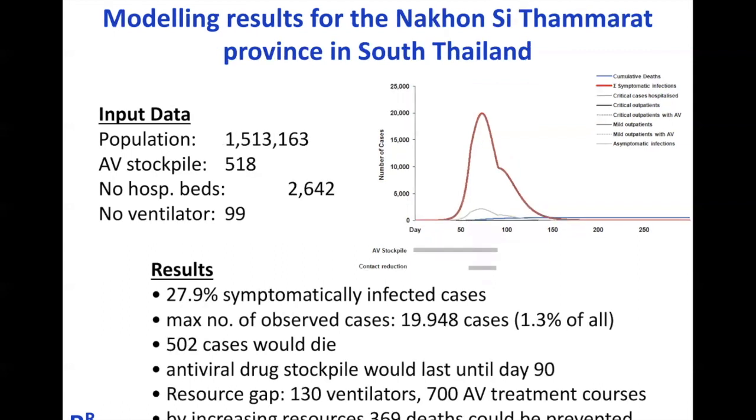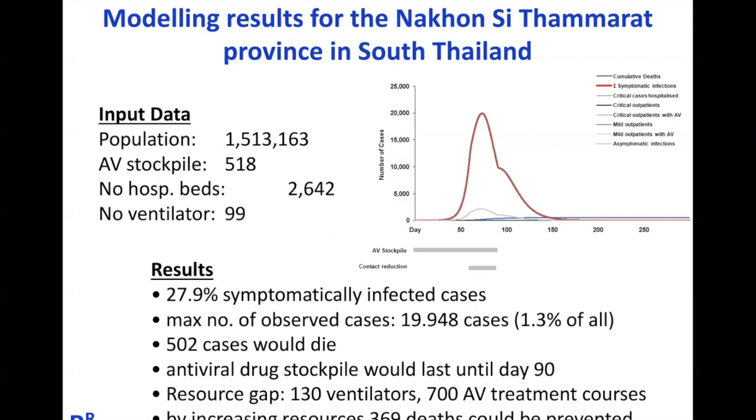Going to the south of Thailand to another province, a bit bigger, not so well prepared, relatively speaking. We would see this epidemic curve, and we would see even a relatively strong blue line here of cumulative deaths. Again, about a quarter would symptomatically get ill. We would see more than 500 deaths, very likely. It's not going to be 502, but it's going to be that magnitude.